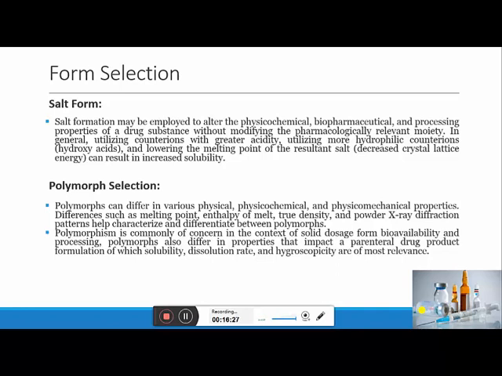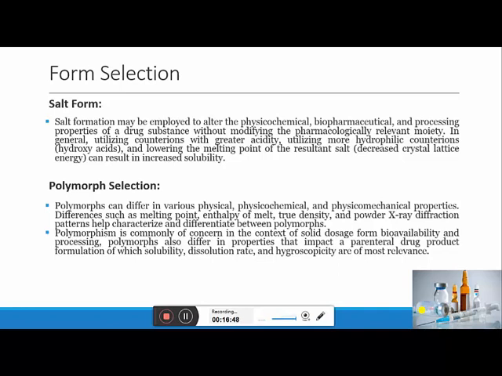Eventually it will affect the bioavailability of a drug substance because different polymorphs have different solubility, dissolution rate and hygroscopicity. If solvent is incorporated into the crystal lattice, it is called a solvate.